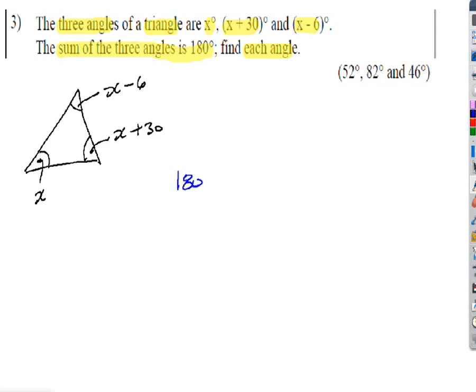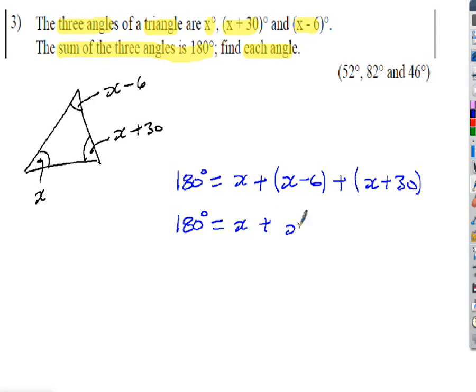So 180 degrees will equal to x plus, again I'll put them in brackets for clarity, x minus 6 plus x plus 30. I do not need the brackets here because it's positive outside, but just to show the three sides on the right hand side. So I could simply write that as 180 degrees is equal to x plus x minus 6, I don't need the brackets, plus x plus 30.